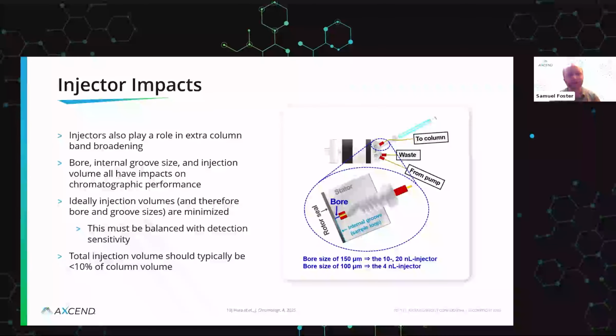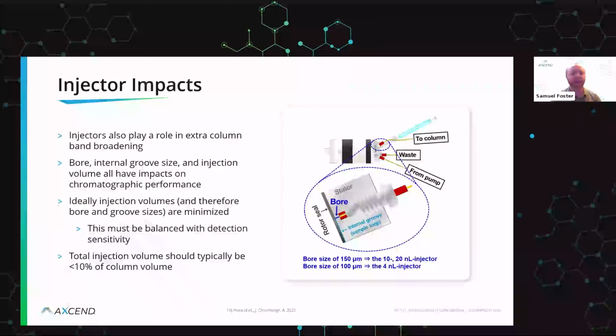First and foremost, you want to make sure that you have minimal bore and groove sizes. You want to keep those as low as possible. And if possible, you want to match them to the ID of your tubing. You also want to ensure that your injection volume is sufficiently low. Best practice is typically less than 10% of your column volume. This can often result in nanoliter sized injections when you're working on the capillary scale.